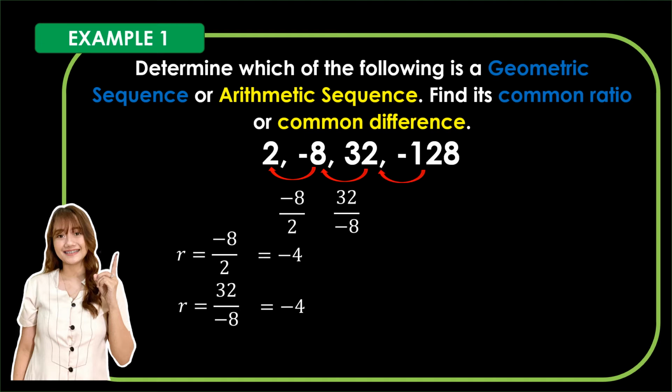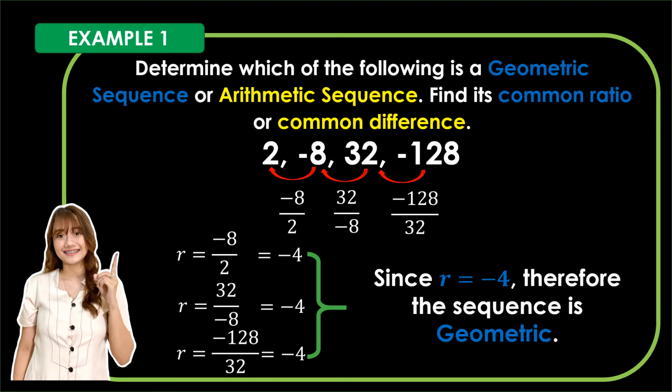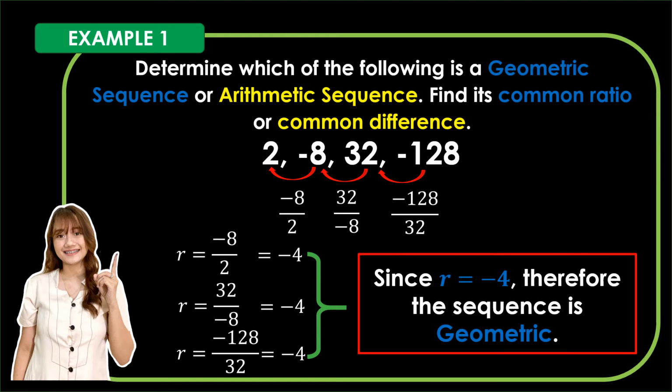Now let us try with -128 divided by 32. Dividing -128 by 32 gives us -4 also. So observe that the common ratio is -4. Since the common ratio is -4, therefore the sequence is geometric.